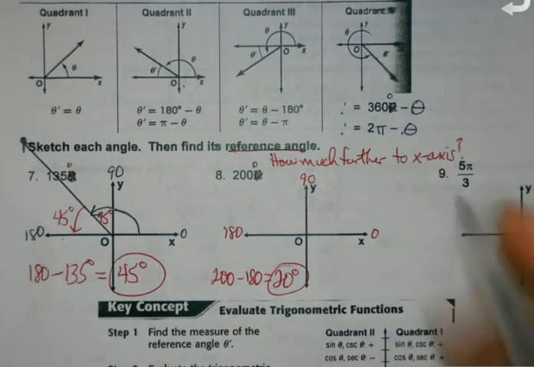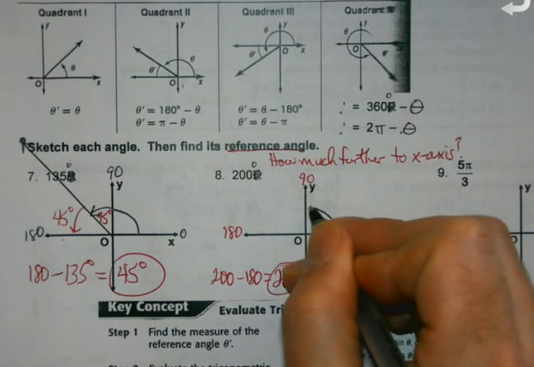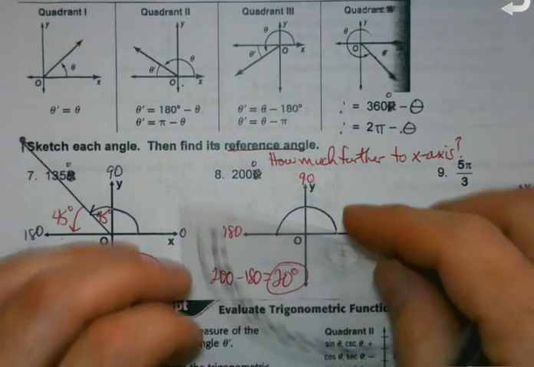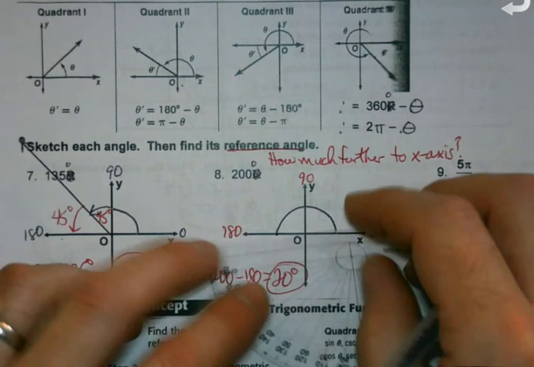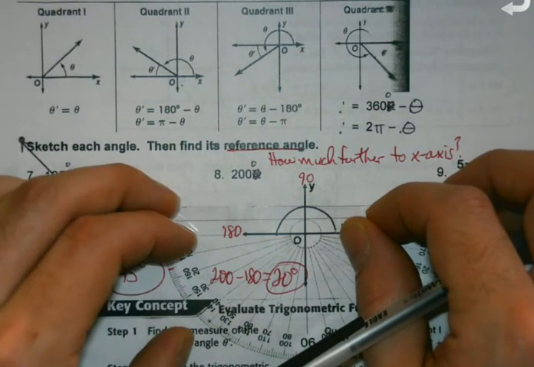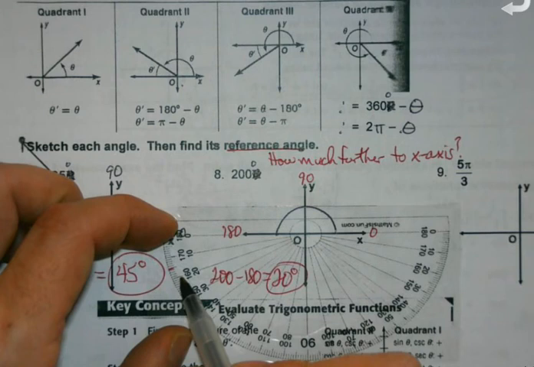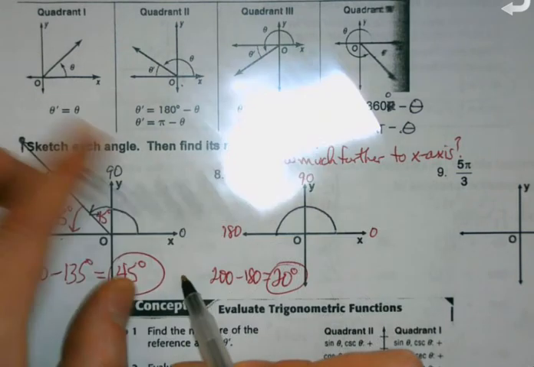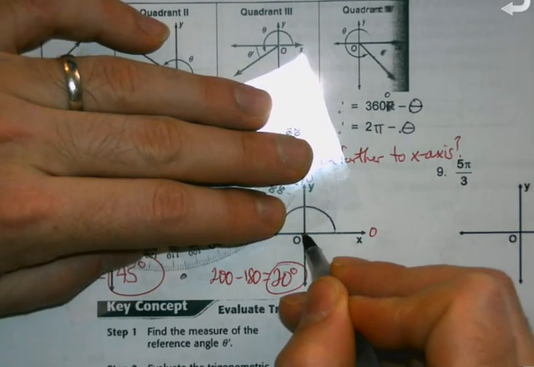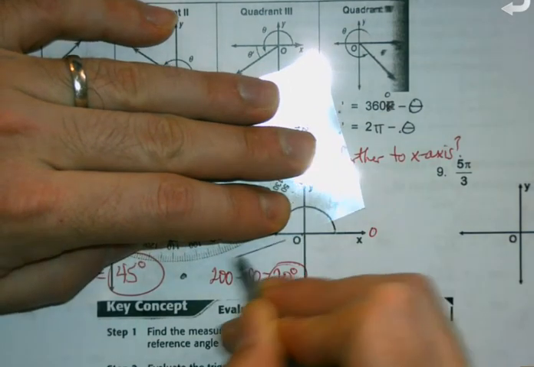So if I was going to draw this one, I'd go 90, 180, and I'd get here, and I'd say, okay, I need 20 more degrees to get where I'm going. And you're like, hey, that's the answer. Now you're starting to catch on at that point. Get my 20 here and draw my line.